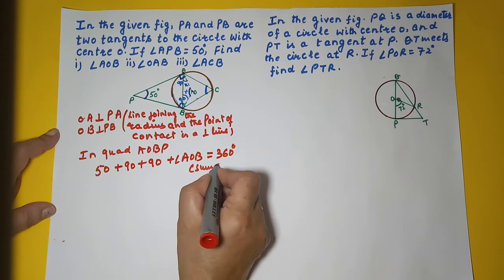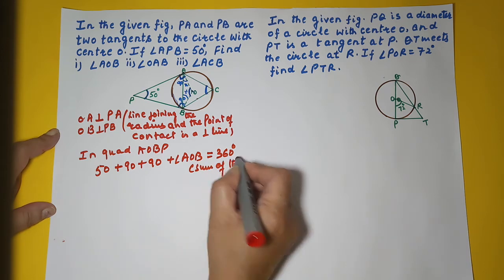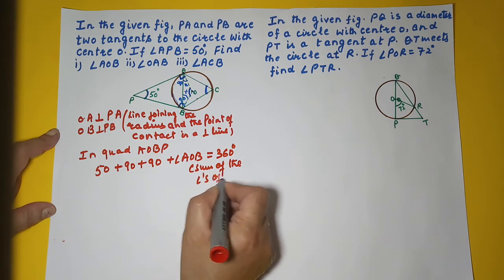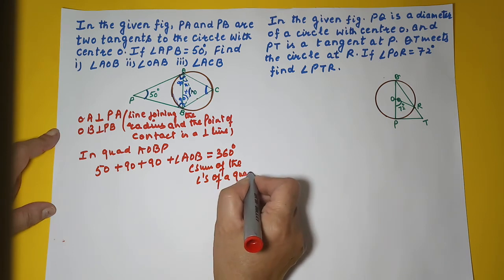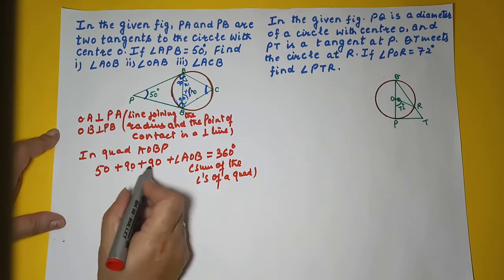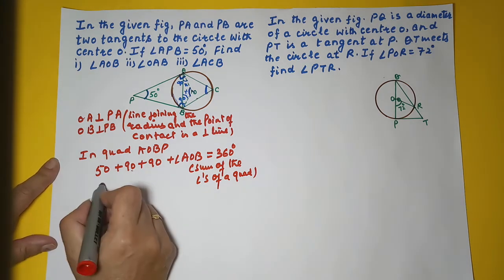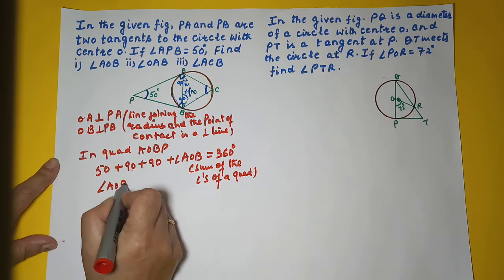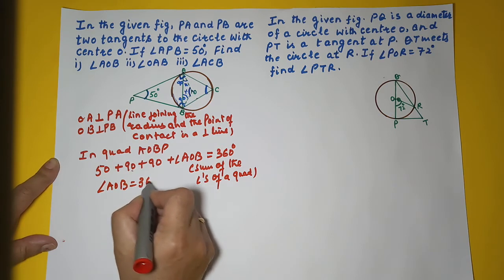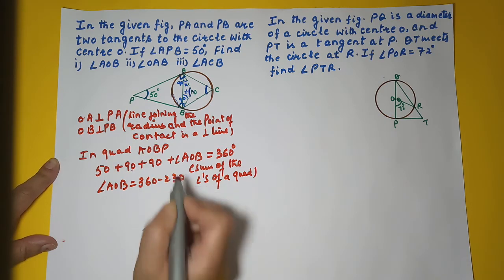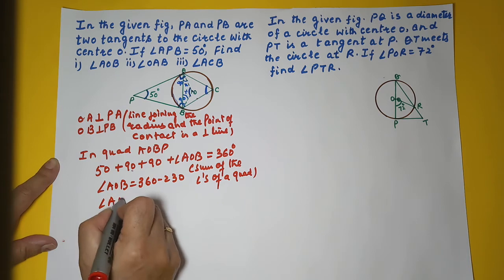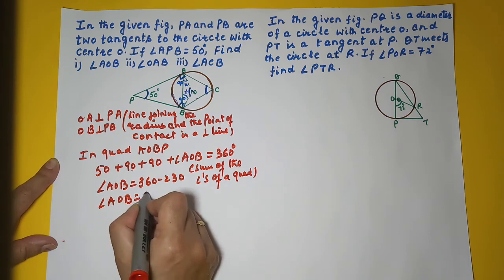Sum of the angles of a quadrilateral is 360. Now this is 180. 180 plus 50 is 230. So angle AOB is equal to 360 minus 230. So you got your angle AOB as 130.